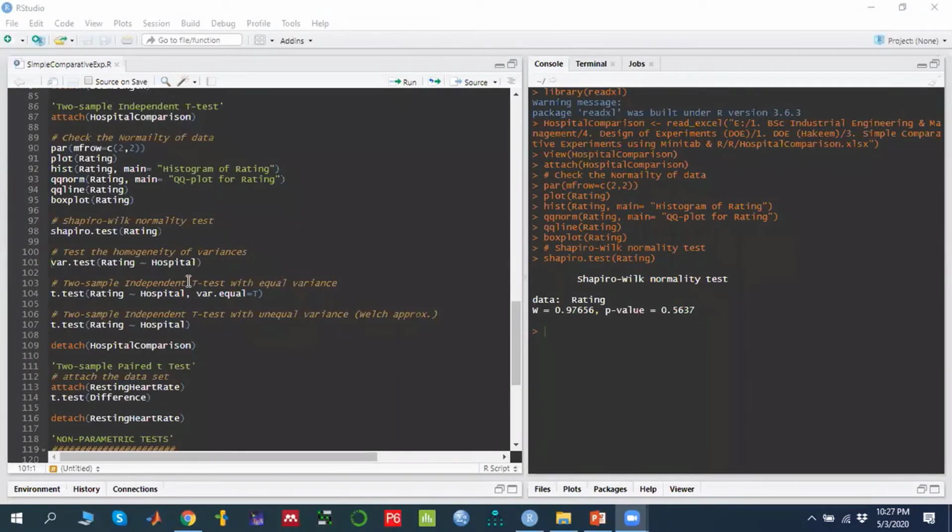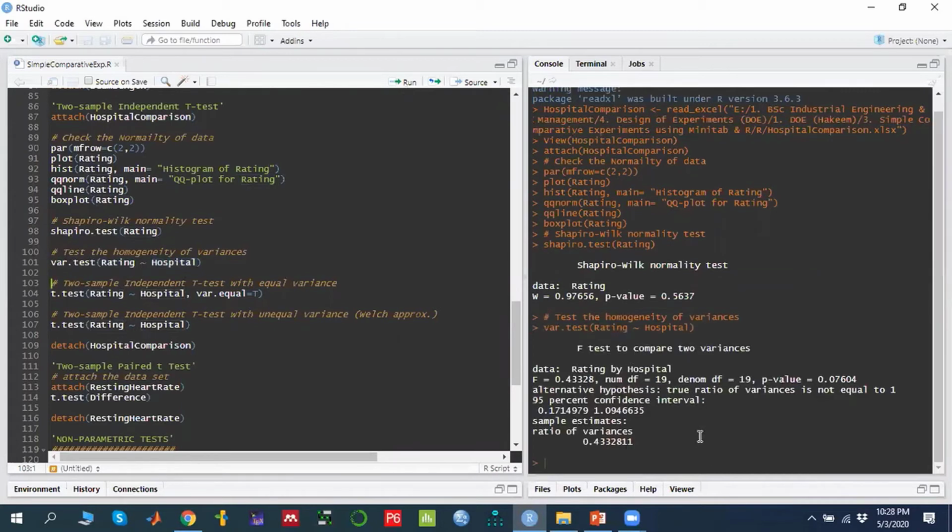In order to apply that test, we will use this command, var.test, which is basically variance test. The first variable is the numerical variable, which is rating, then the tilde sign, and then hospital, which is basically the factor. If I run this command, I get the result.